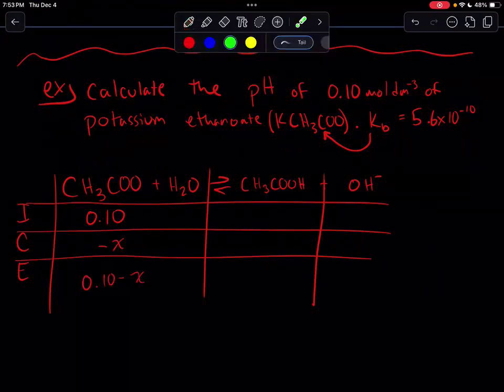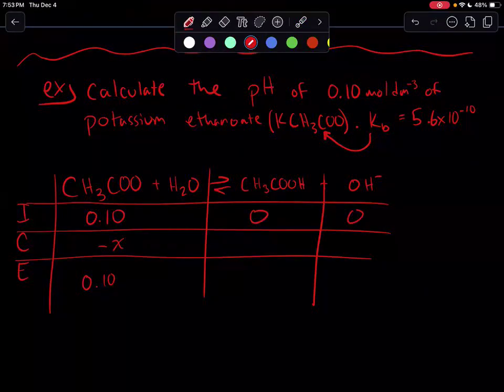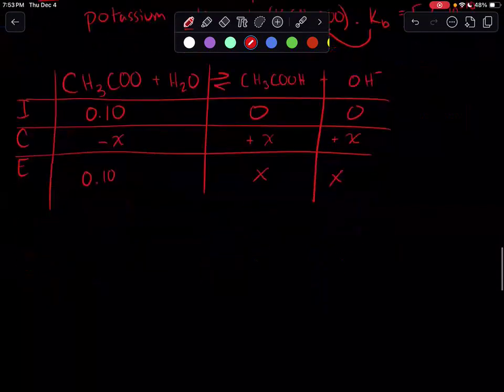However, because my Kb is so small, and we learned in the last video when doing calculations, especially when it's small, we can just get rid of that x, and we can just assume our initial and equilibrium concentrations are identical. Now, with that, we will start with 0 of each of our products. We will add x, and we'll get x and x.